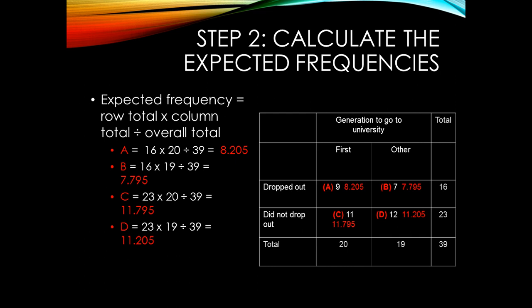So for B, 16 times 19. If you locate box B on the grid, the total number there at the end is again 16, and the total number at the bottom of the column this time is 19. So we do 16 times 19, and then we divide that by 39, and what we end up with is 7.795.